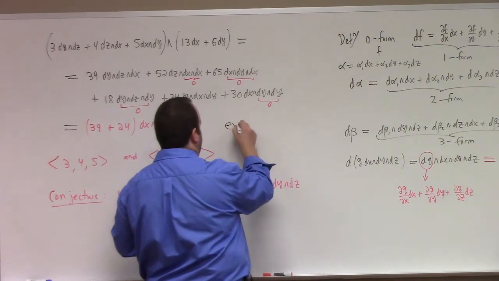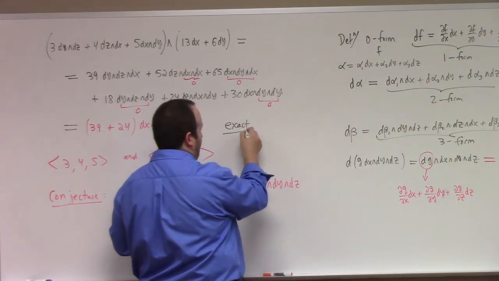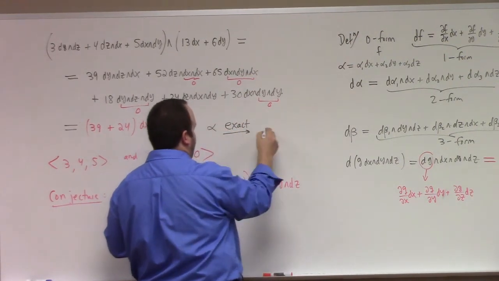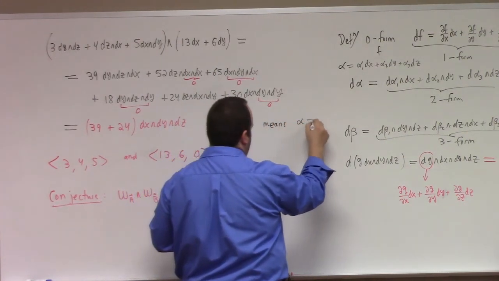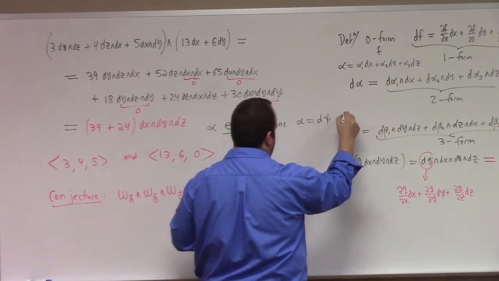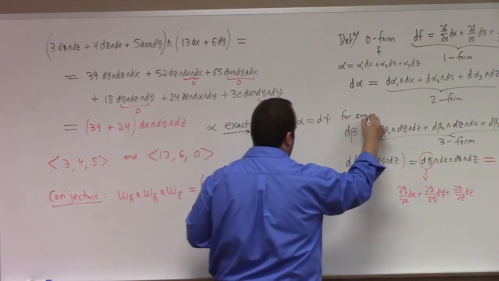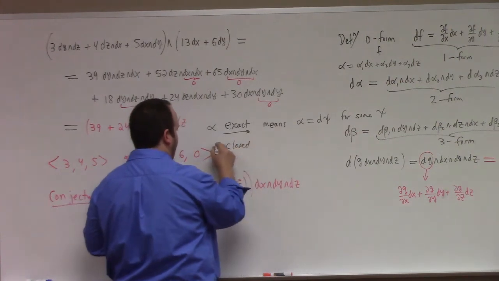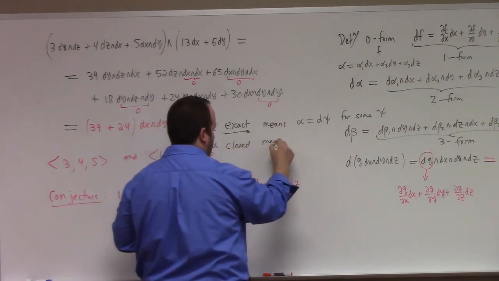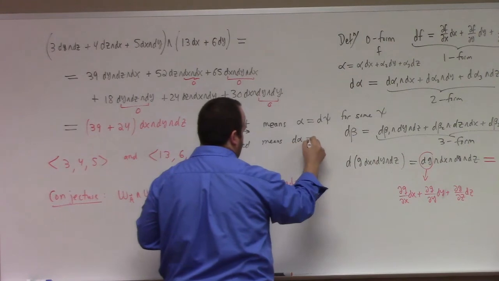So yeah, exact. I have not said that yet, but alpha is exact means that alpha is equal to d psi, for some psi. Closed means that d alpha is equal to 0.